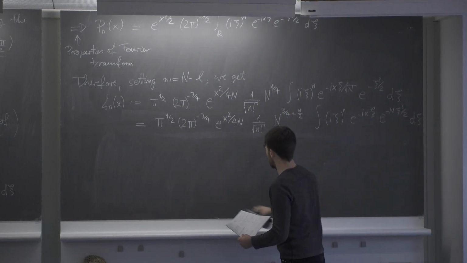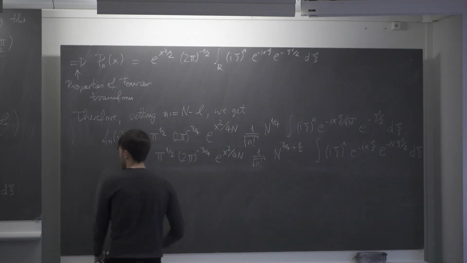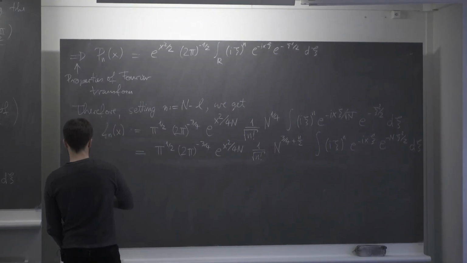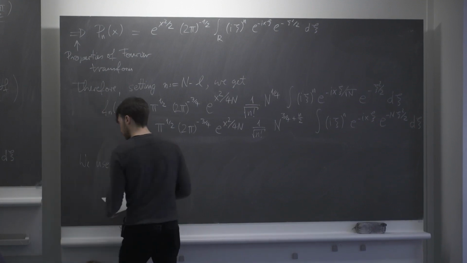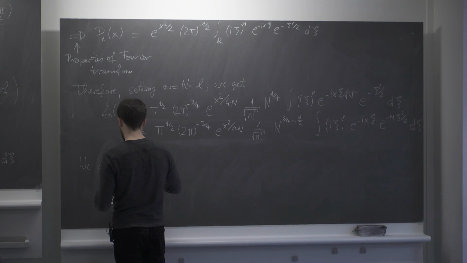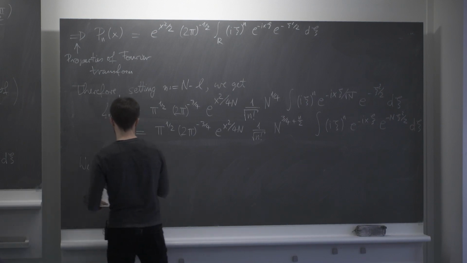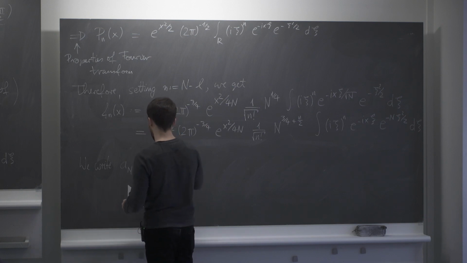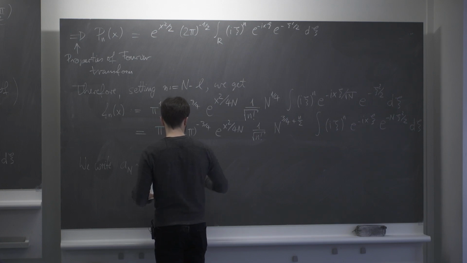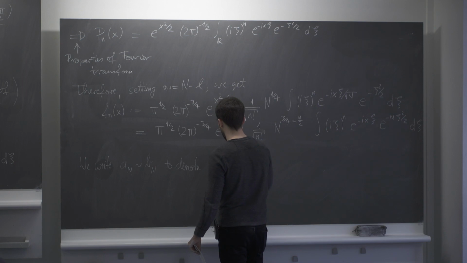And now to make the writing a little bit easier, I want to use the following notation, namely I want to write a_n tilde b_n to denote that the limit of their ratios converges to 1.